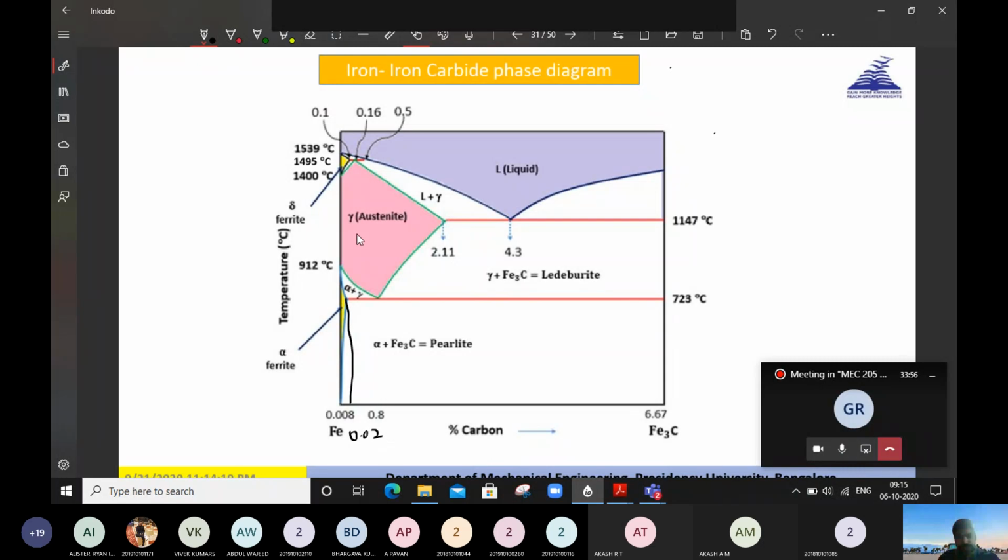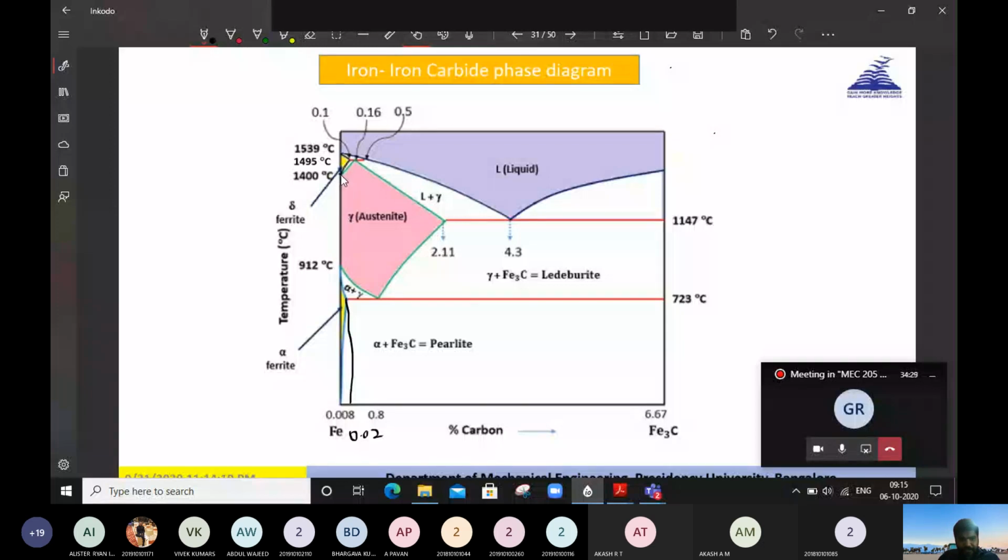Now if you increase the temperature, this line goes up to 912 degrees Celsius, and I have told you that above 912 degrees Celsius iron shows the FCC structure, that is gamma. You can see this line goes up to 912 degrees Celsius, and above this gamma will exist. I have also told you that above 1400 degrees Celsius delta iron exists, so gamma ends over here.